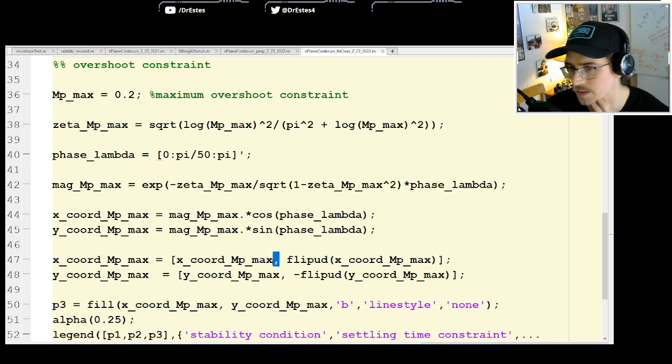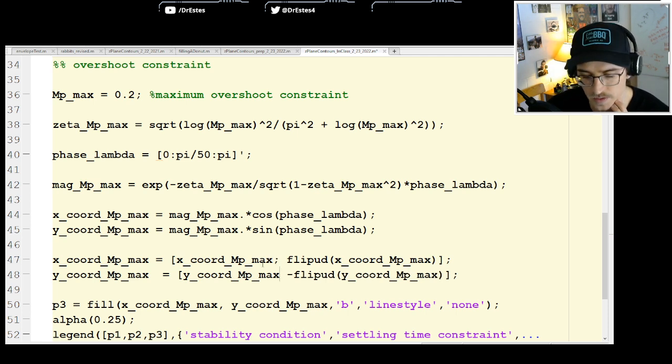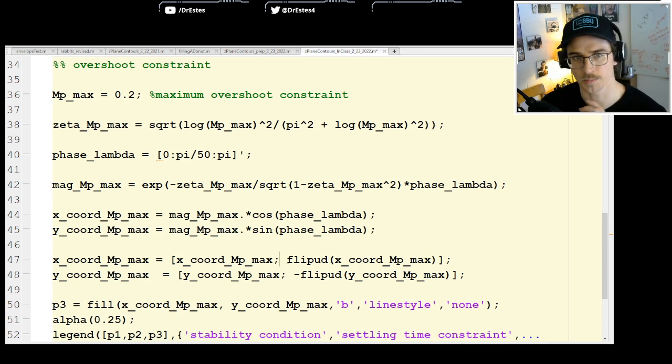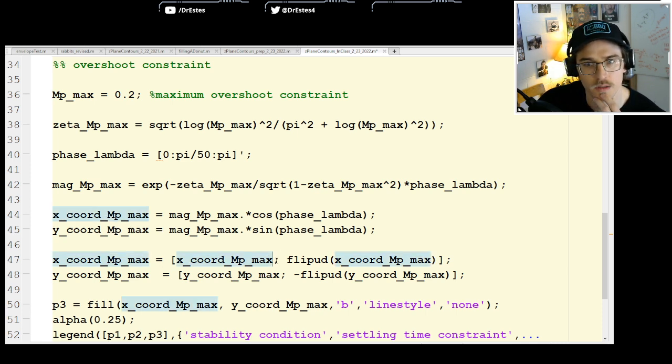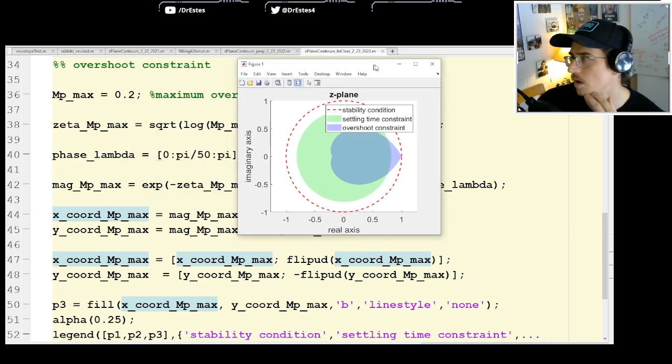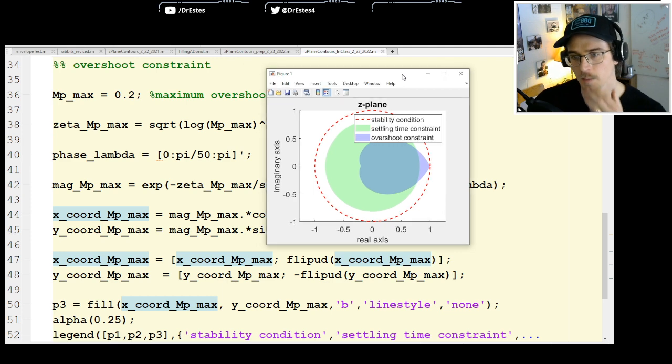So instead of this comma here, I think we need a semicolon. We want to stack these vectors on top of each other. If you just do a comma, it puts the vectors side by side. Changing that worked for you? Try putting a semicolon here. Let's see what it does. Oh, now it works for me. Okay.